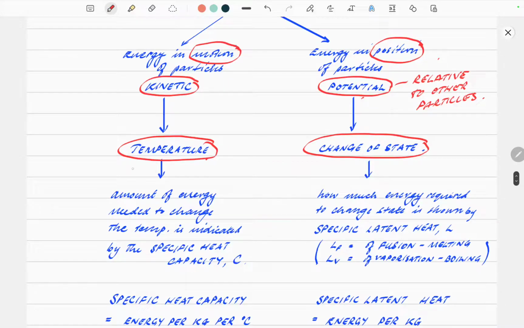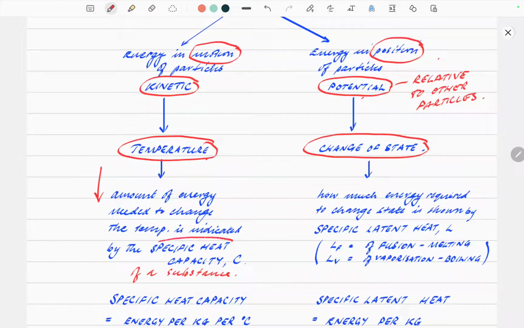The amount of energy needed to change the temperature is indicated by the specific heat capacity of a substance. The symbol is just C, all right?